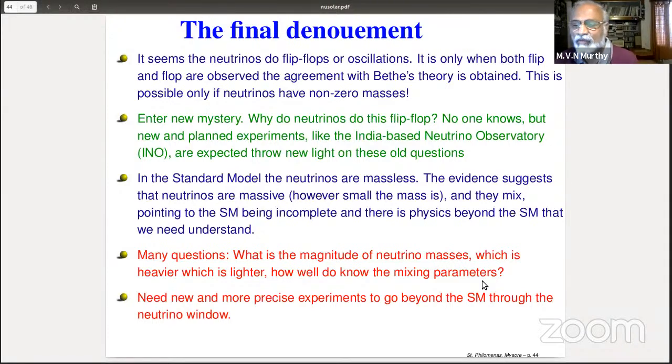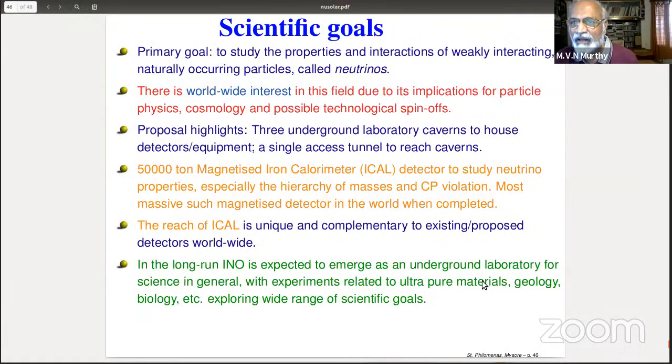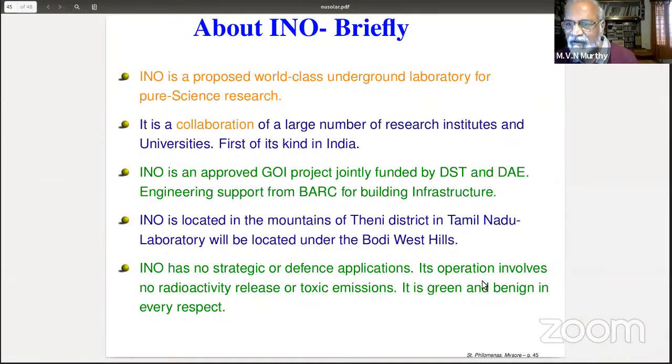You need new and more precise experiments to go beyond the standard model. This is the neutrino window which has opened, and the future can be more exciting when you look at the future through this window. I have INO briefly, but I will not talk about it. But it is there in the slides. I'll share the slides with everyone so you can read more about INO.